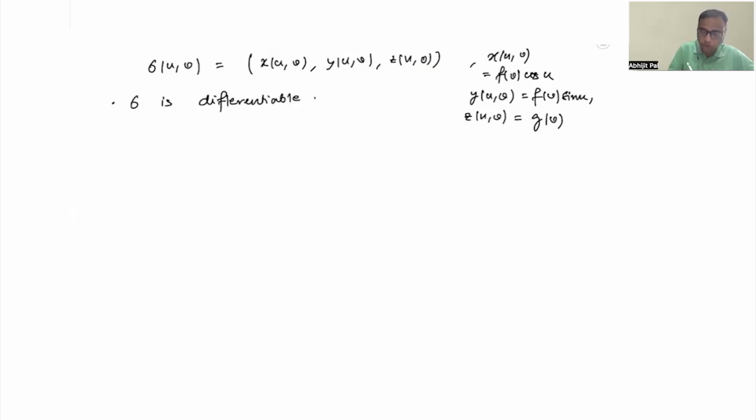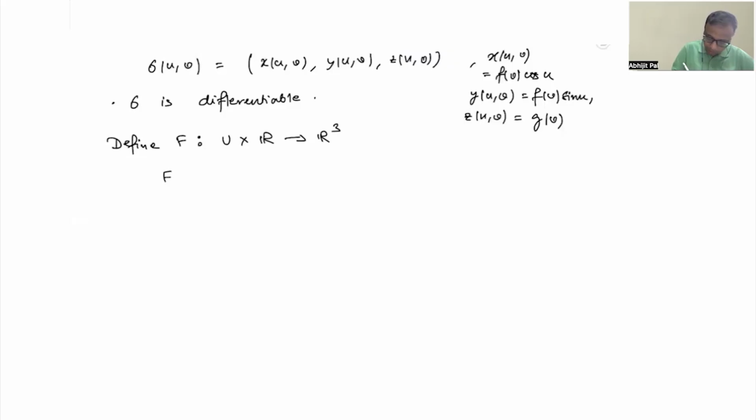So now, what will be the differential of this sigma at any point? Yeah, so maybe we will not need the differential of the sigma. So sigma is differentiable. And now what you do, so let us take this function. So define a function capital F from U cross R to R3.